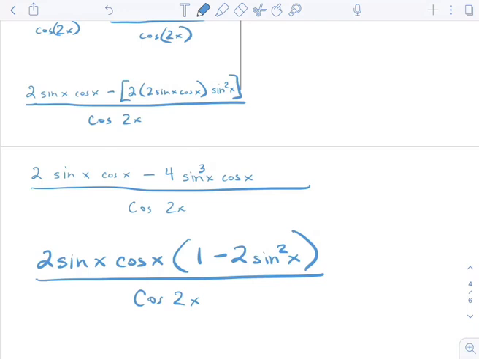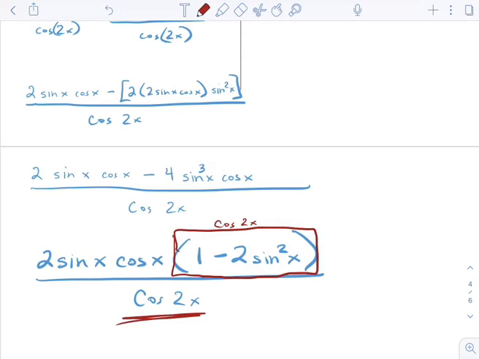So maybe you look at this and say, I see a couple formulas that may be familiar to me. I see the double angle formula here. So you can put it back in double angle form if you want. But the main thing is this one over here. If you know your double angle formulas, this in the bracket is the double angle for cos.